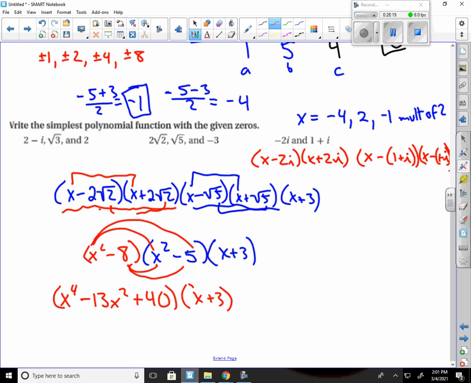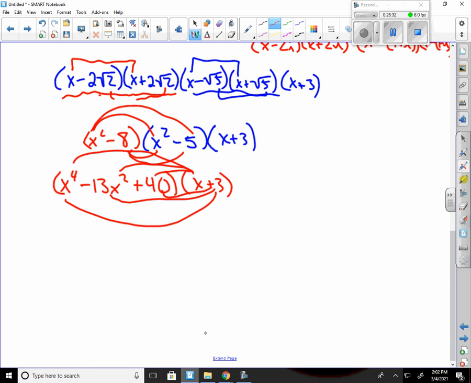Now we distribute our x plus 3 to each term. X times x to the 4th is x to the 5th. X times negative 13x squared is negative 13x to the 3rd.